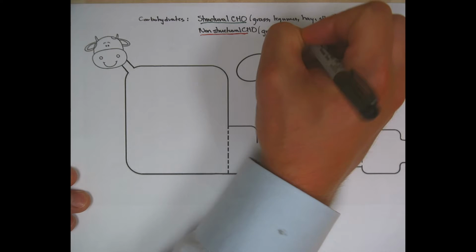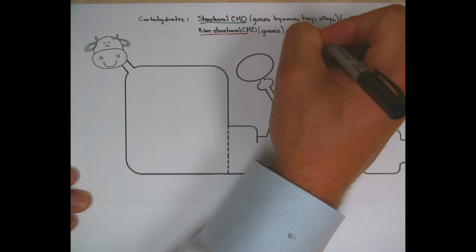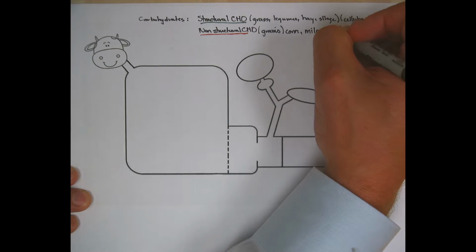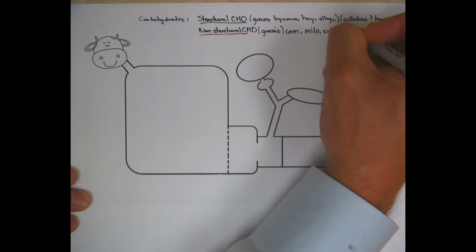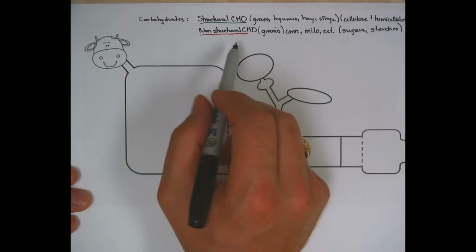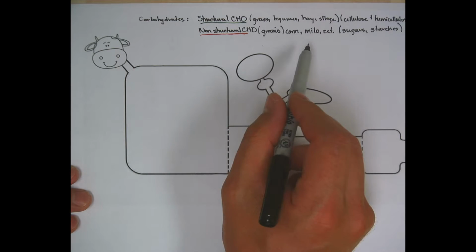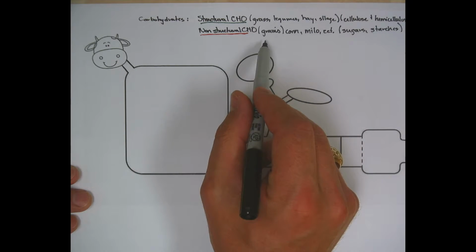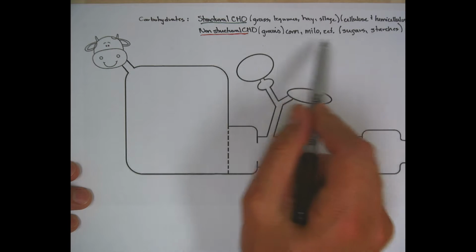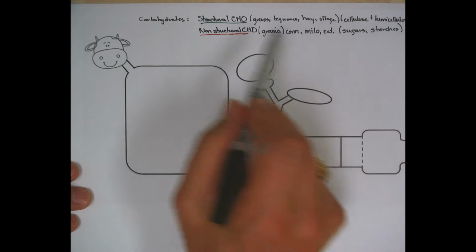So we can think of corn, milo, etc. So anything that contains a lot of sugars and starches. So other feeds that might be a good source of that would be molasses or any kind of liquid feed would tend to contain a lot of sugars and starches.